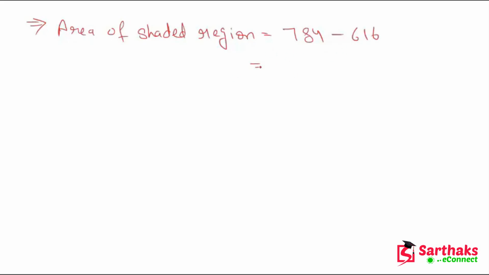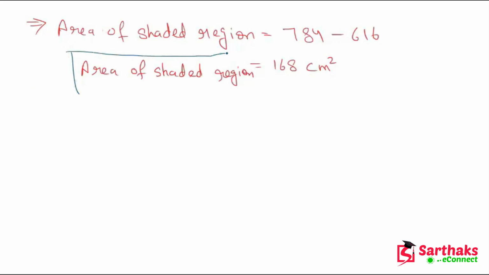With the help of this, we can find the area of shaded region, which is 168 centimeter square. So this is the area of shaded region. I hope you understand this method. This is the method to solve these questions. So let's move on to the next question.